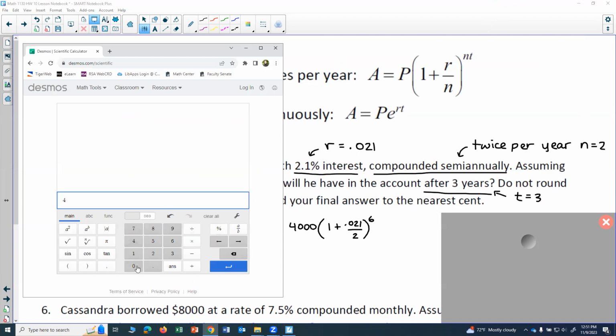So I'll put that in exactly as I see it, and that would give me my final amount, $4,258.71.